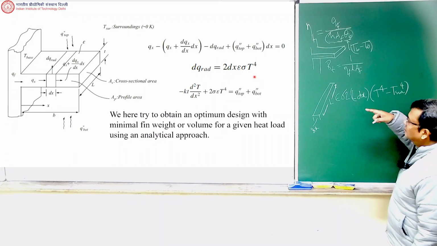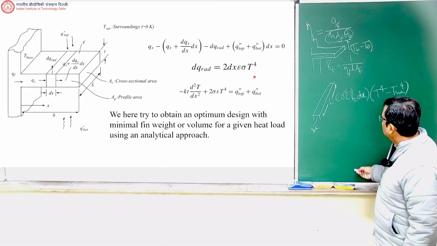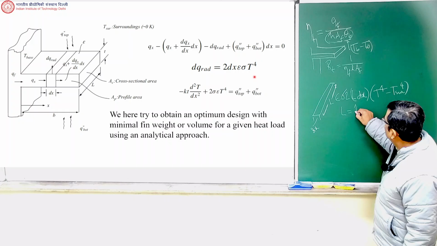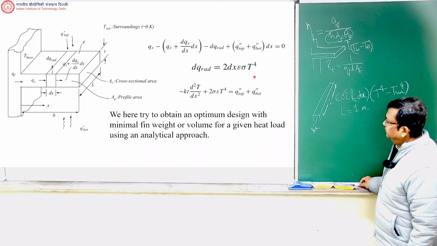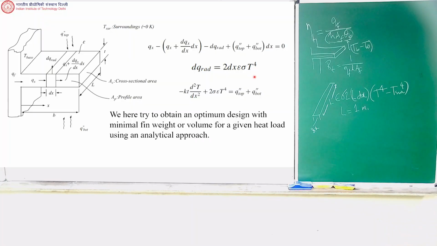So T surrounding is 0. That's why it turns out to be something like this. L equal to 1. Okay, so you use this in here and then you can show this.